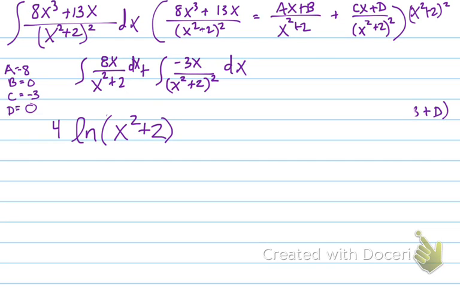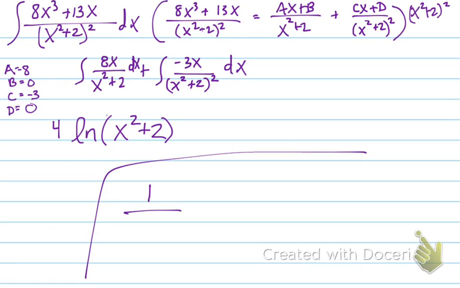For the second one, I have a negative 3x on the top and an x squared plus 2 squared on the bottom. So for the second one, it actually follows the power rule, because again, it has that x on the top, but the fact that it's squared on the bottom tells me that it was originally, just some scratch work down here, 1 over x squared plus 2.